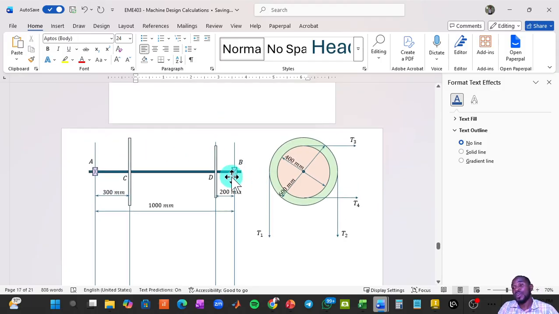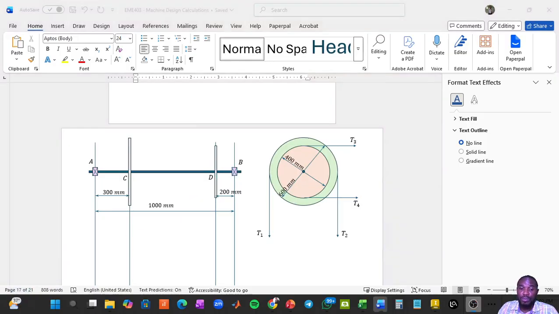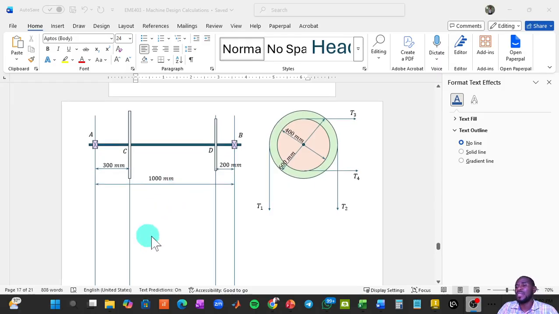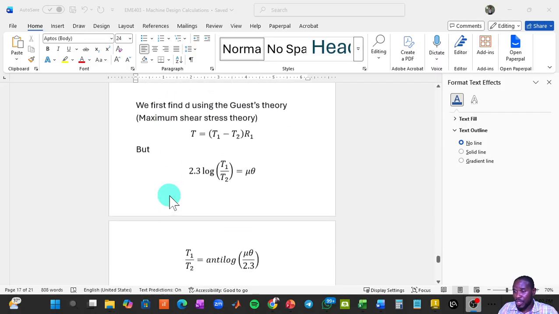Because of my time, I will just use notations. I will not come to my diagram to draw, but just follow me very carefully. I would have come here to draw my bending moment diagram. Maybe I may come back to illustrate one or two things, but keep in the back of your mind what we are doing.